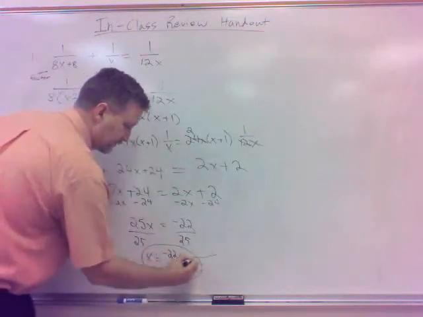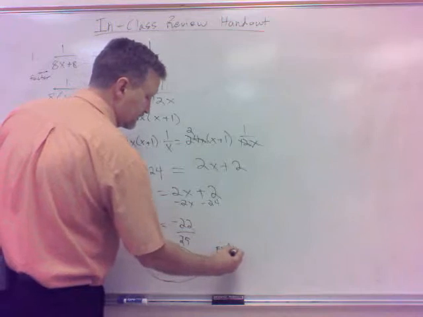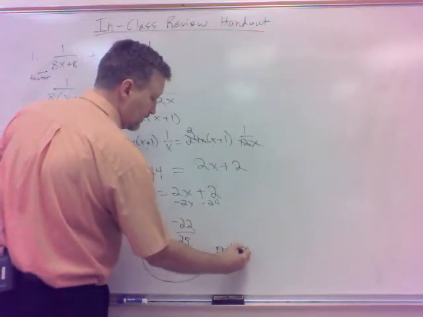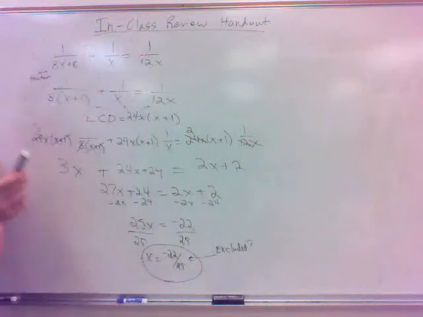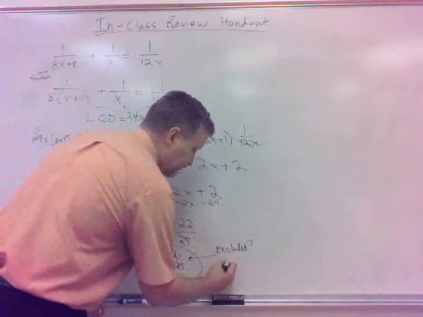Now, I circled that, but one other thing to mention is with the rationals, remember, possibly you're talking about an excluded value. What do I mean by excluded value? Just to review that: a value that makes the denominator 0.